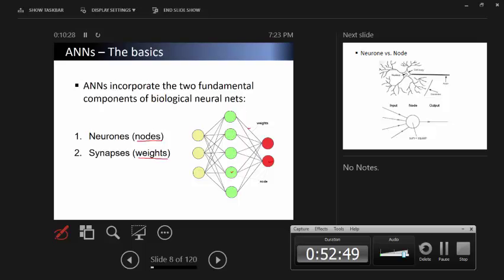Each edge or link has a weight. In a neural network, the weight needs to be calculated continually, differently, randomly.